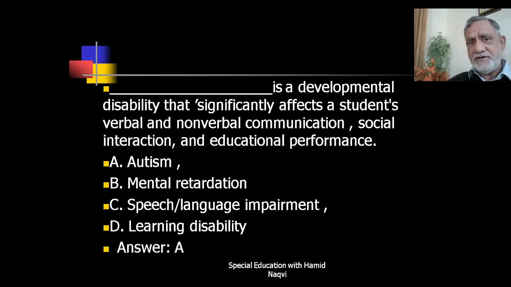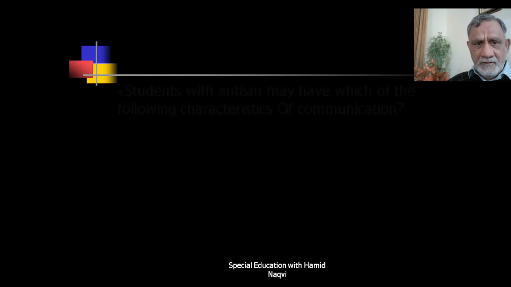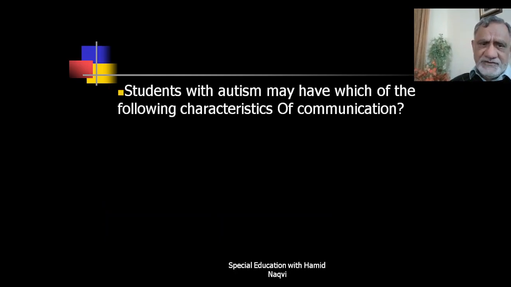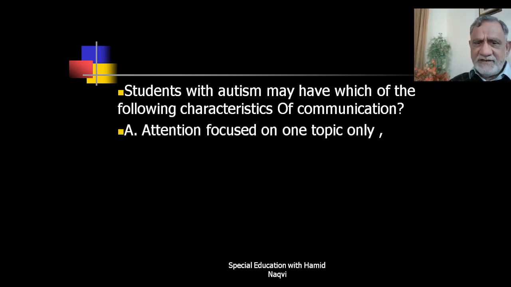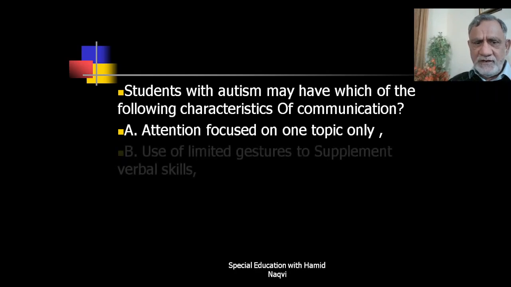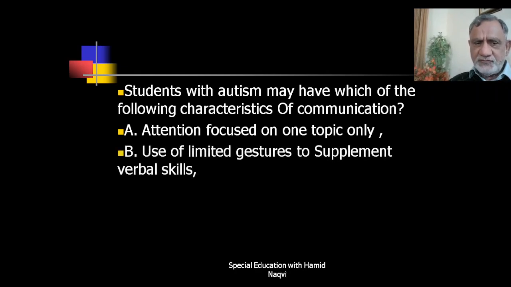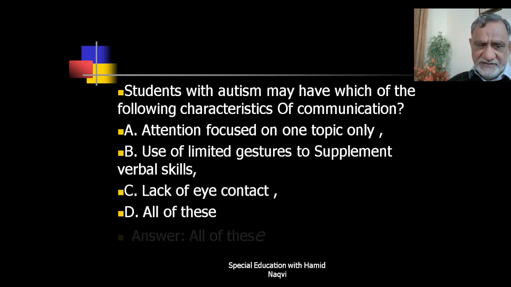Autism is a developmental disability. Next question is, students with autism may have which of the following characteristics of communication? Attention focused on one topic only, use of limited gesture to supplement verbal skills, lack of eye contact, or all of these. The correct answer is all of these.